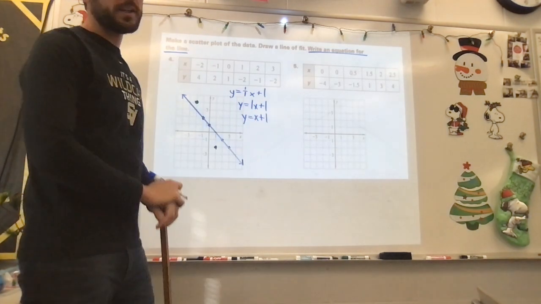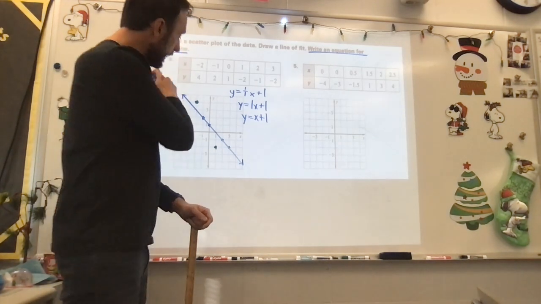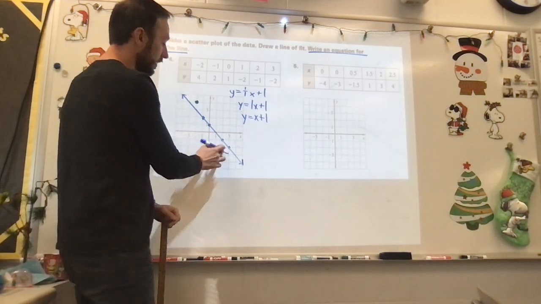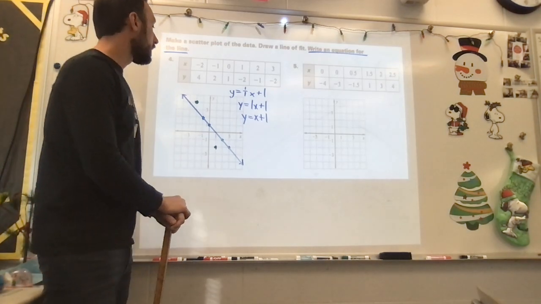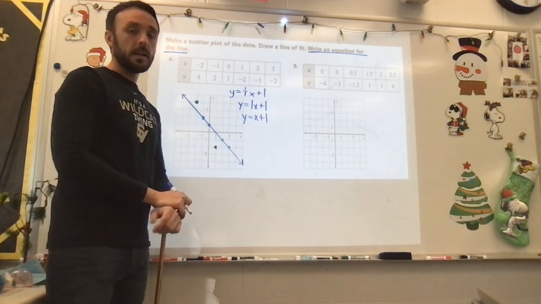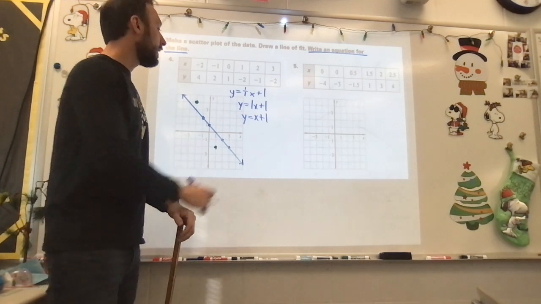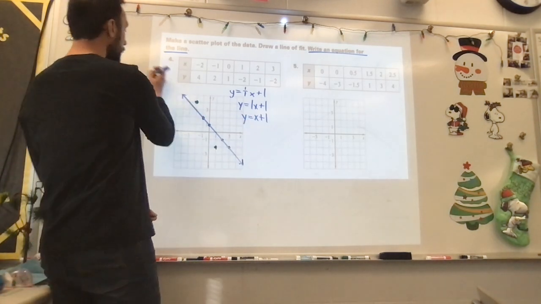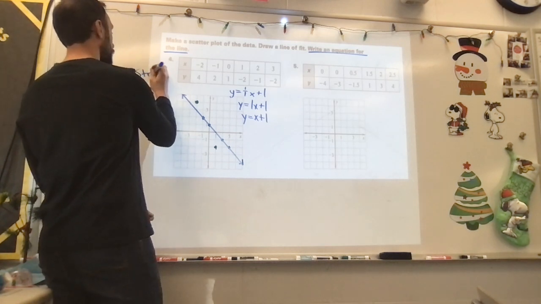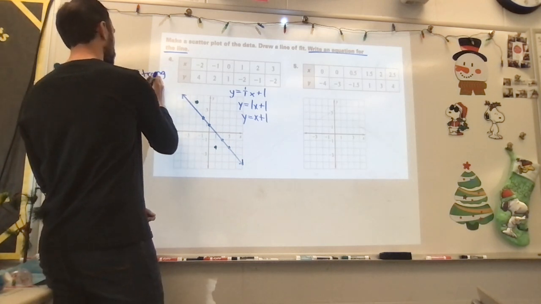So really all we're trying to do here is draw a line that cuts the data kind of in half. If you notice, I went through points here. I won't always go through points. It just worked out that this one was kind of that way. But I want to draw a line that splits the data in half, and then write an equation for it. If I'm looking at this, I would say this would have a strong negative correlation. It's pretty strong, and it's negative.